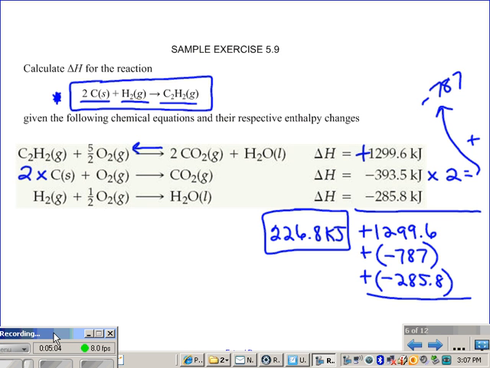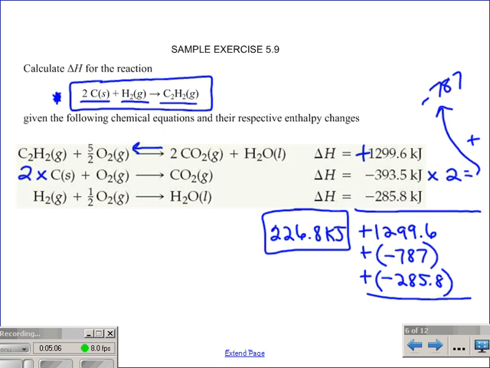These are now my products, and these are my reactants. Sorry, guys. Making some little technical errors here.